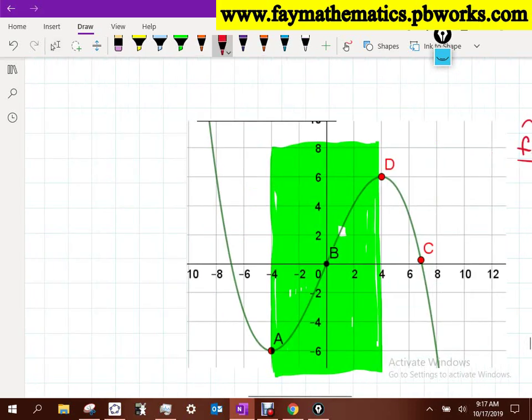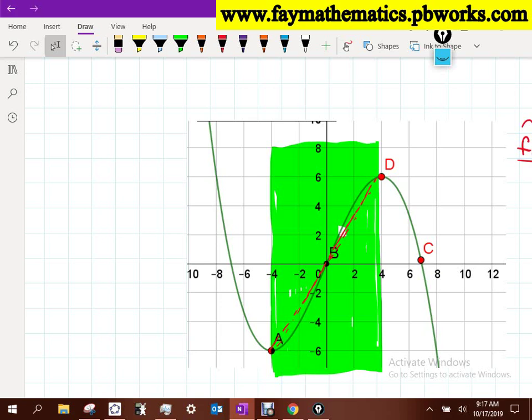So if I want the average rate of change from A to D, all I'm doing is finding the slope of that red line. Now, if I want to find the slope of that red line, the first thing is to find the difference in the y values, right?